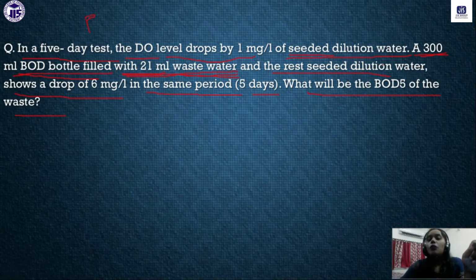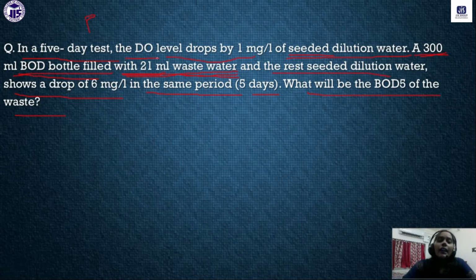So seeded water means we are additionally seeding the water from outside with microorganisms to complete the reaction. That is why it is called seeded dilution water.